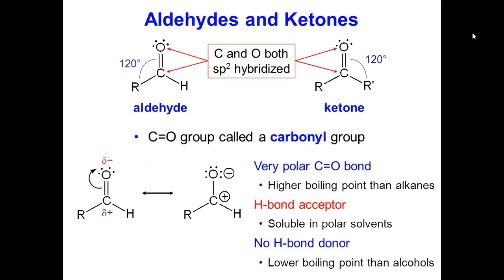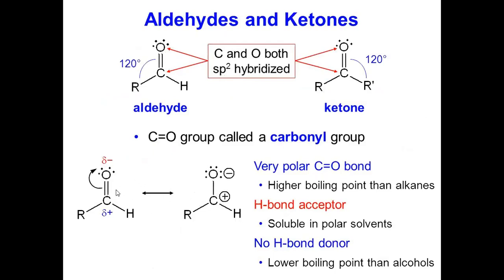Right. So this is aldehyde and ketone. On the left is aldehyde. You can see both have the same angle, 120, right? Both have this sp2 hybridization on the carbonyl. Okay.